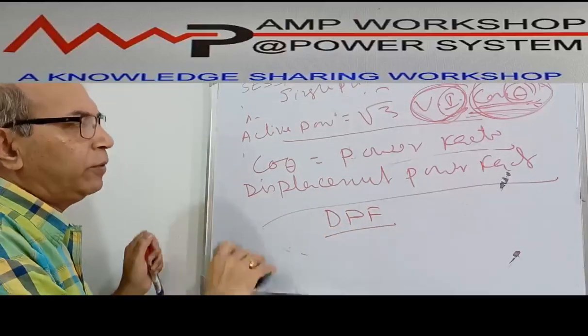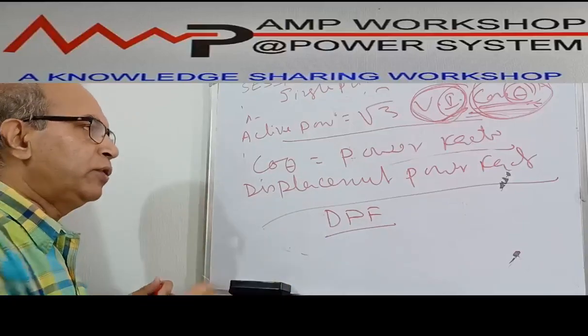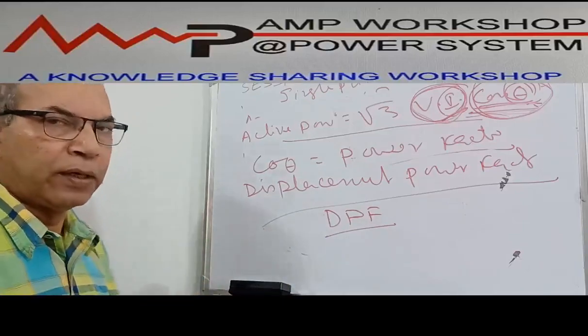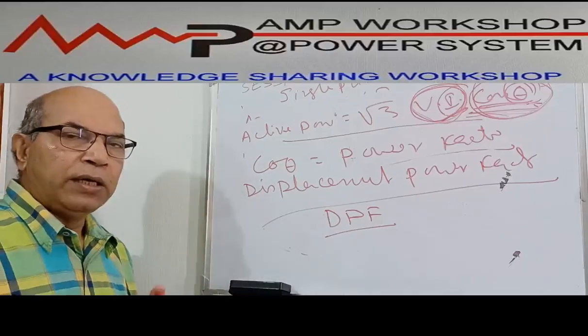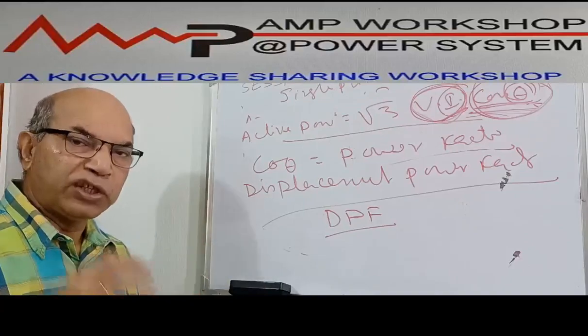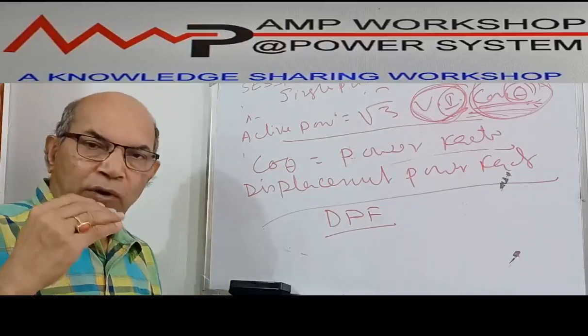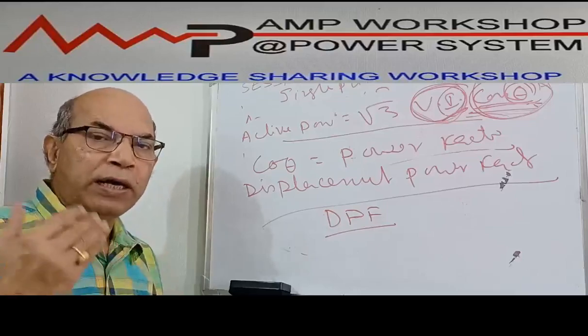Now this power factor is not the total real power factor, because any circuit in an electrical network is not only carrying the fundamental frequency, especially if the network contains various non-linear loads.